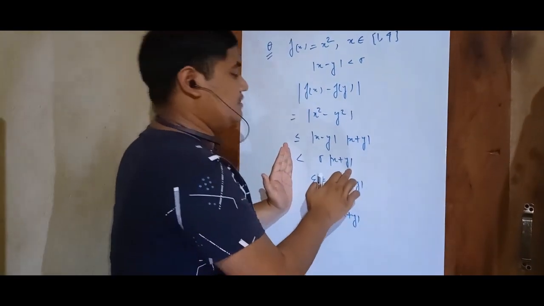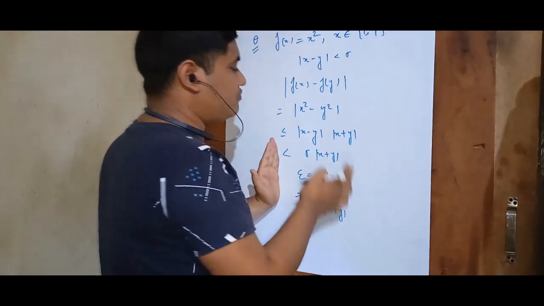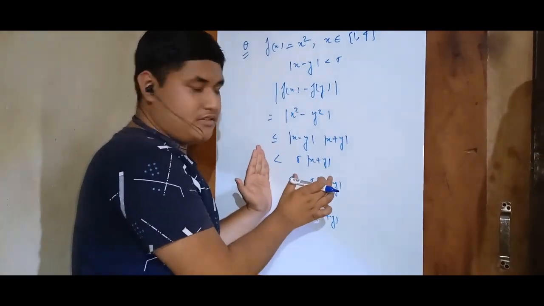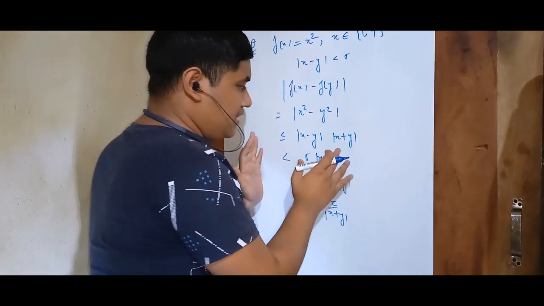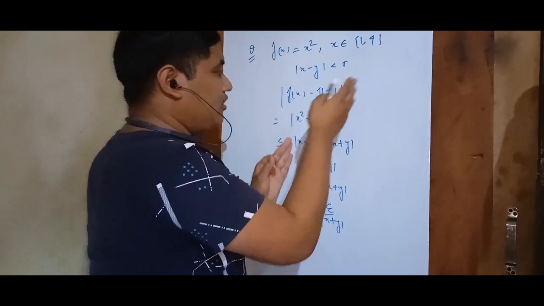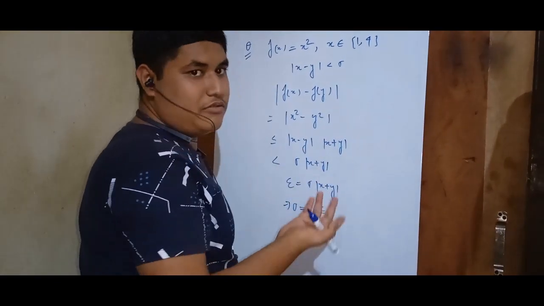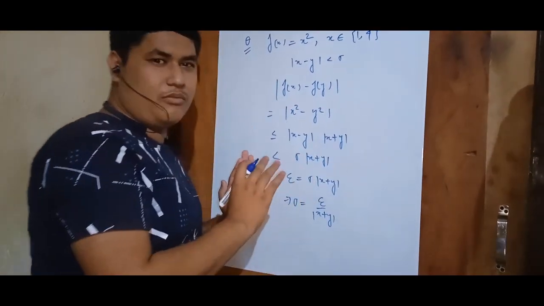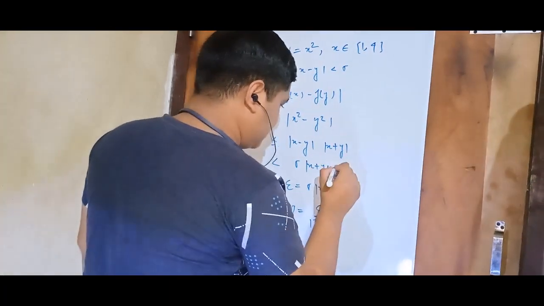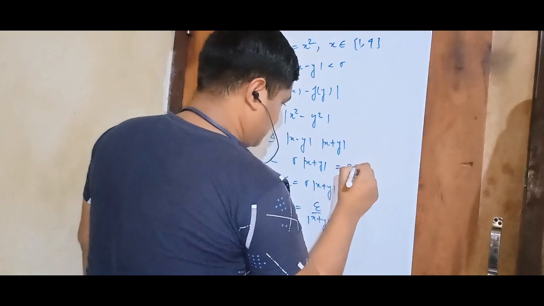If I put x equals 4 and y equals 4, this term gives the maximum result, so it is always less than 8.